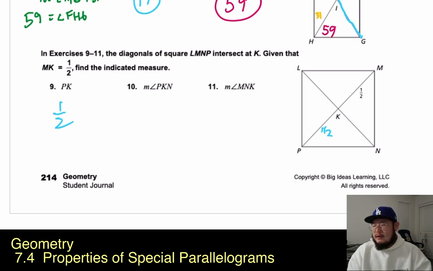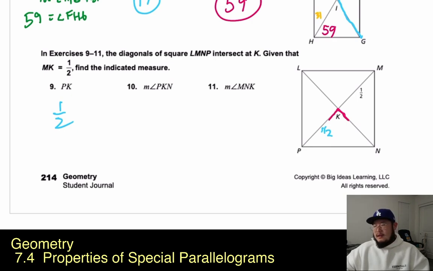Number 10. What is the measure of angle PKN? All right, so let's take a look right here. We're looking at angle PKN. Okay. So how do we do that? They don't give us all that much information. Well, we can come to our conclusion two different ways.